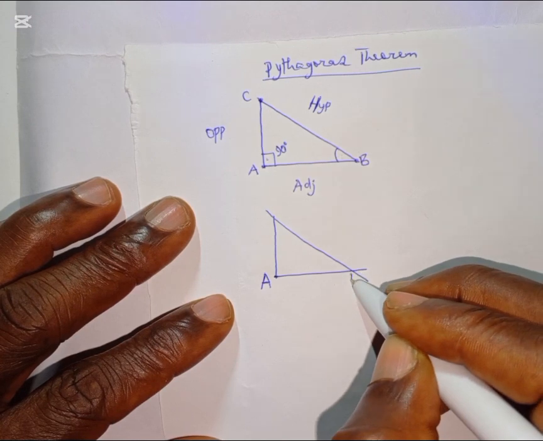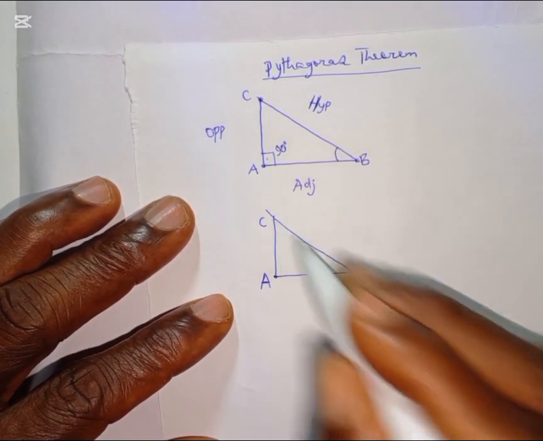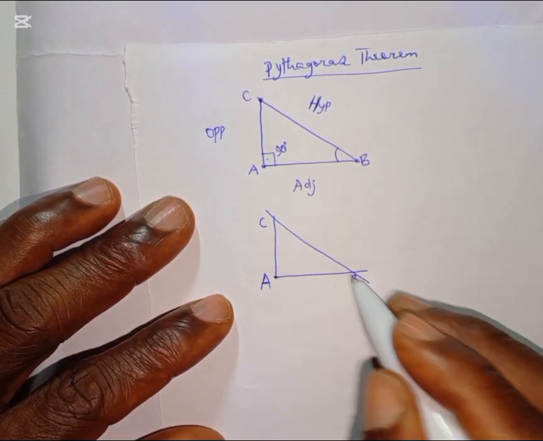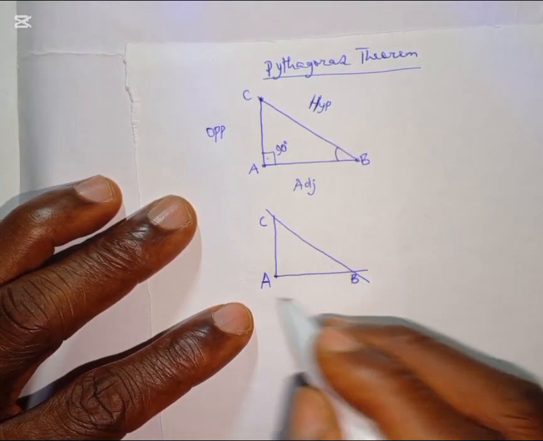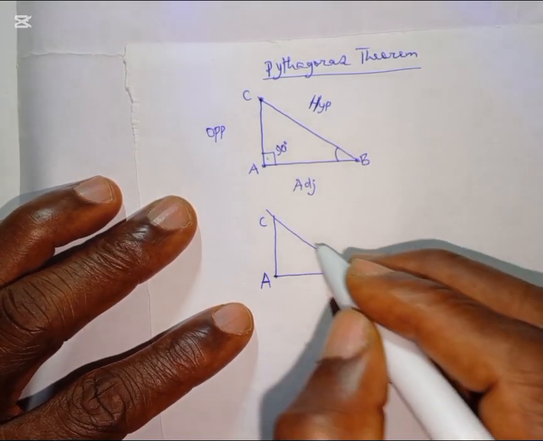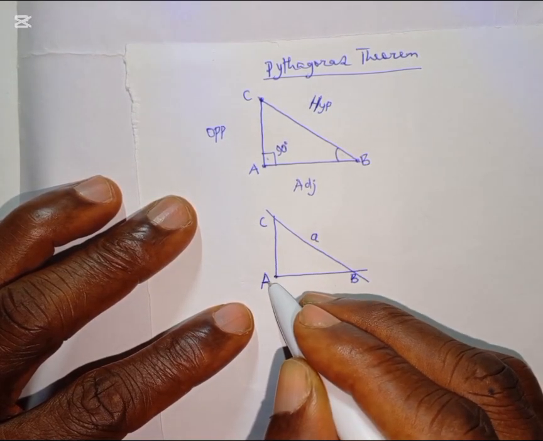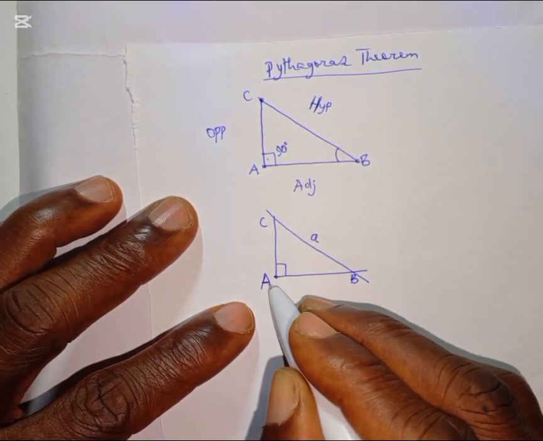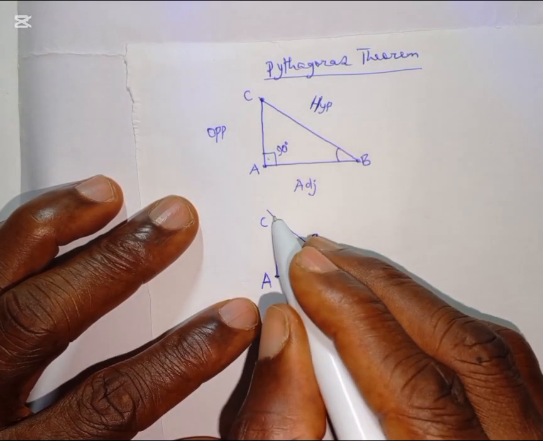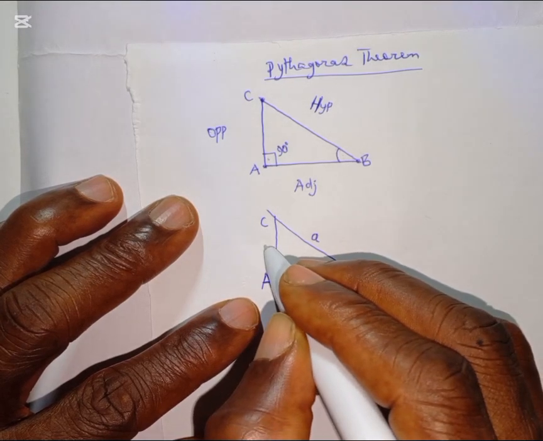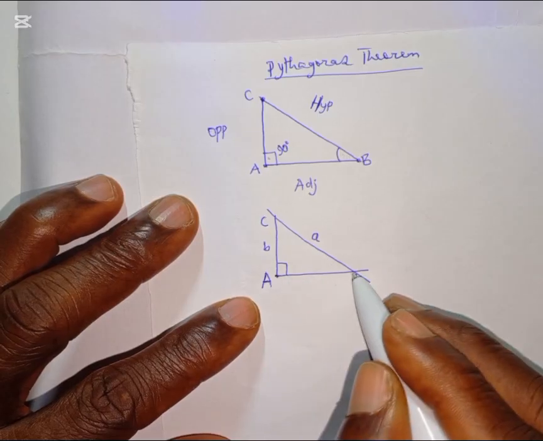Let's assume this one is capital letter A, this one is capital letter B, and this one is capital letter C. If we want to represent this hypotenuse side in any way, we can say it is small letter a, because small letter a is opposite this point, capital letter A. Then we can call this line small letter b. We can also call this line here small letter c.